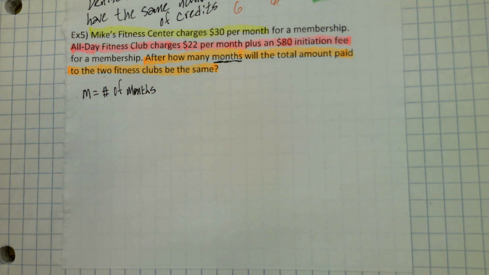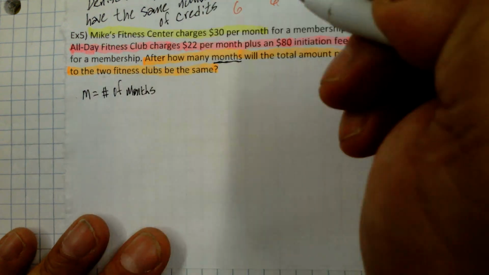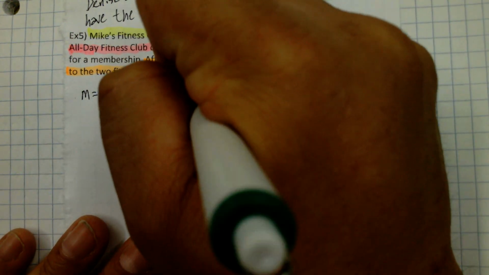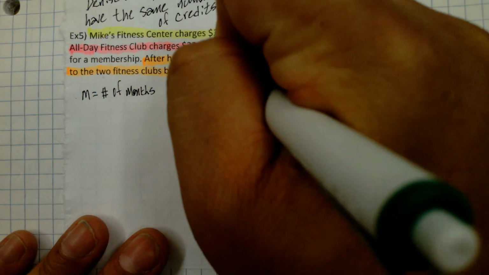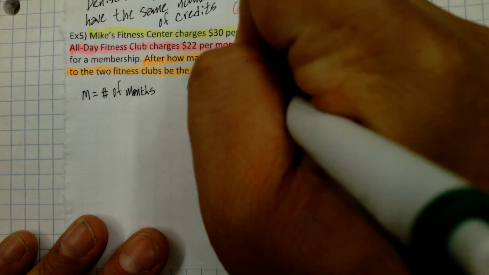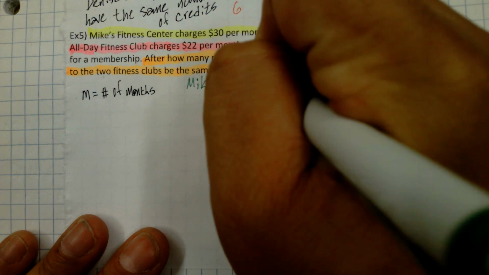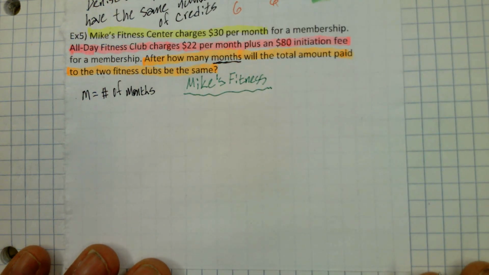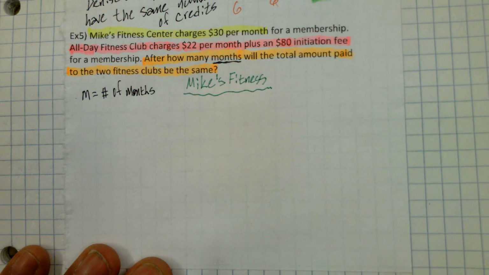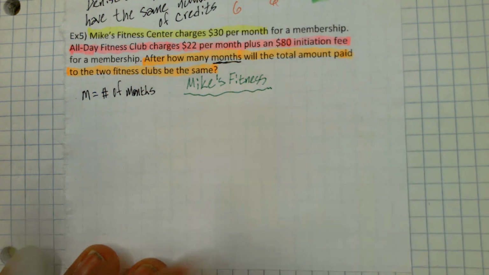They call it an initiation fee. So let's go ahead and set up a couple of expressions. Let's start with Mike's Fitness. What kind of expression could we make up if it's $30 per month?